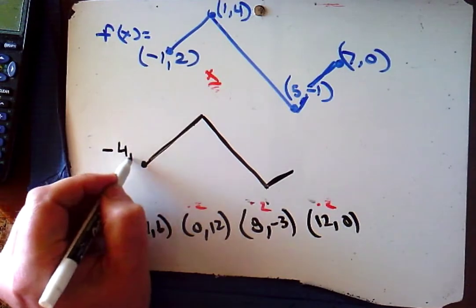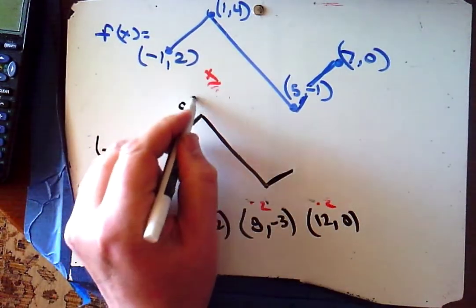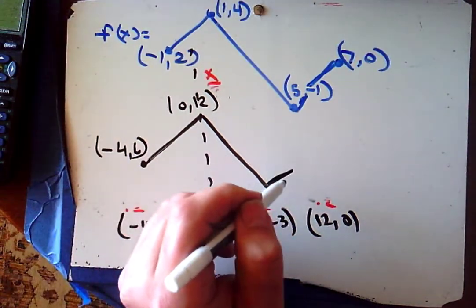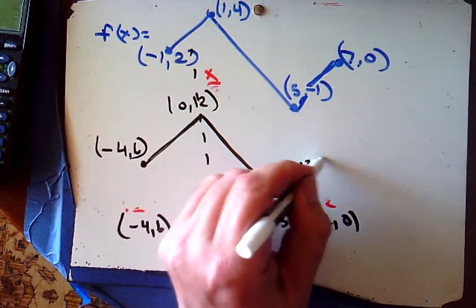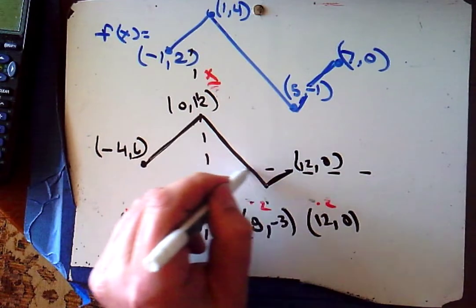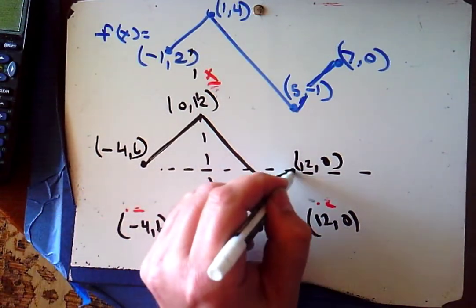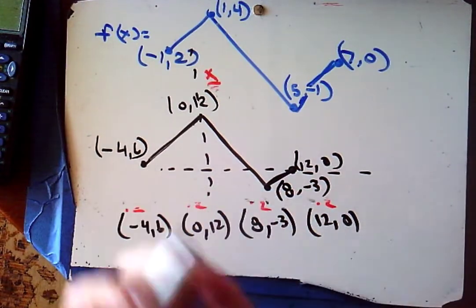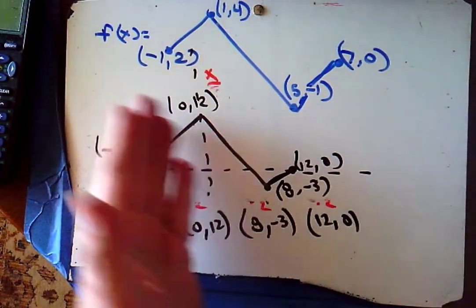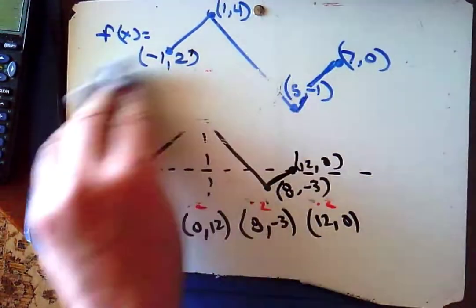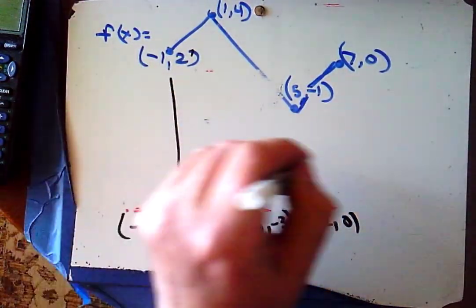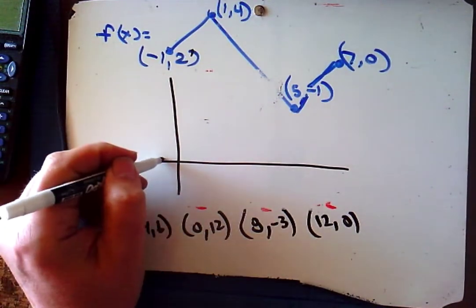We have -4, 6. We have 0, 12, which means there's the y-axis. We have 12, 0, which means this is the x-axis. And we have 8, -3. Now, I like drawing the curve and then labeling the points, but we could always go old school here.